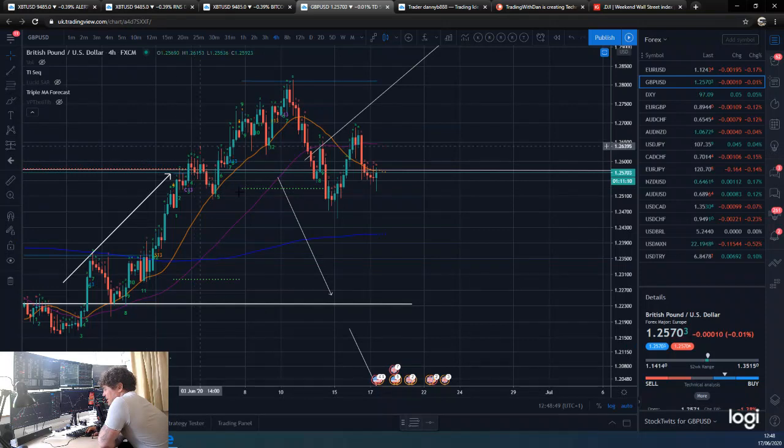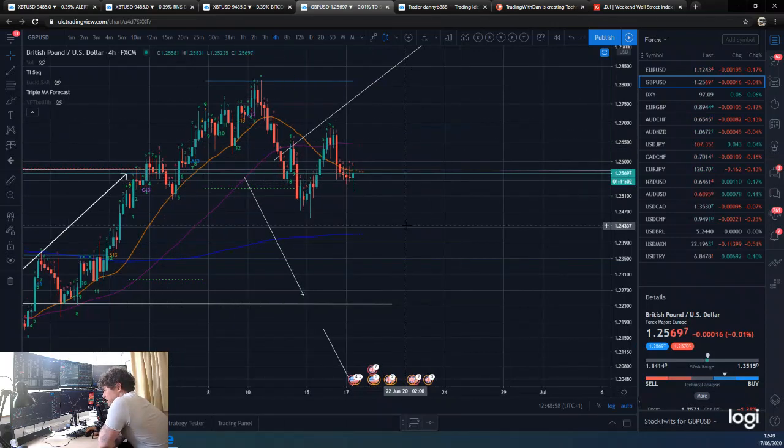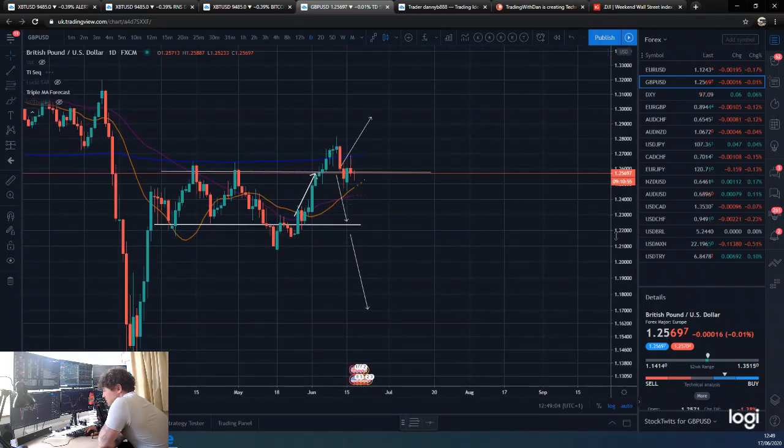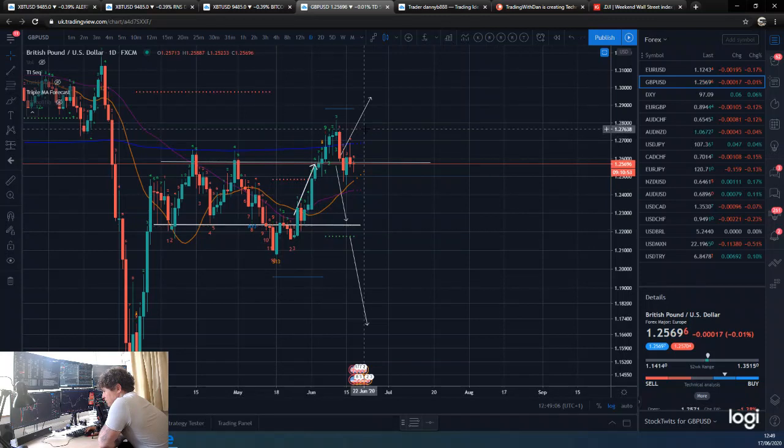cable has a similar pattern. It clearly has the same USD pairing, so it's obviously getting swung around by the movements of the dollar. So it's got roughly the same pattern. 200-day under it. Sorry, that's the 4-hour. The 200-day on this one's obviously completely different. We were rejected by it, but it looks like we've had a fake out above this channel, and then we're now back into it.